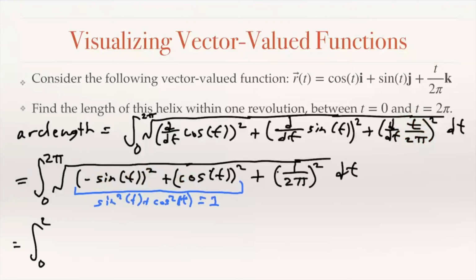So we have the integral from 0 to 2 pi of the square root of 1 plus 1 over, okay, 2 squared is 4, and pi squared is pi squared, 1 over 4 pi squared dt. Now, when you look at this, you might think, oh no, how do I do that? This is just a constant.